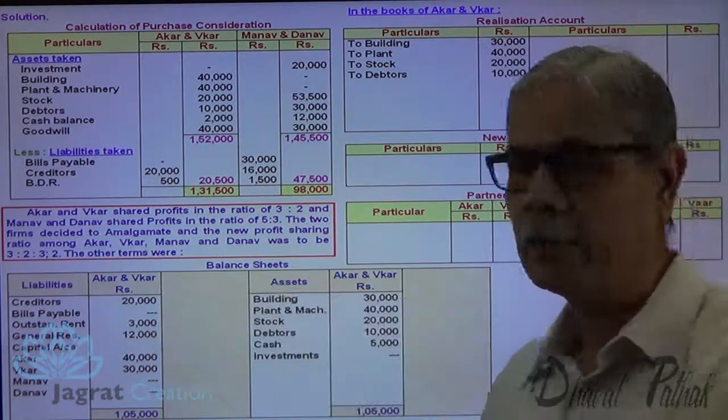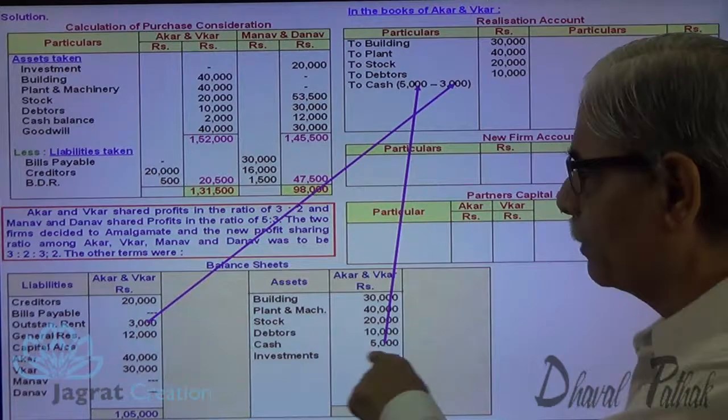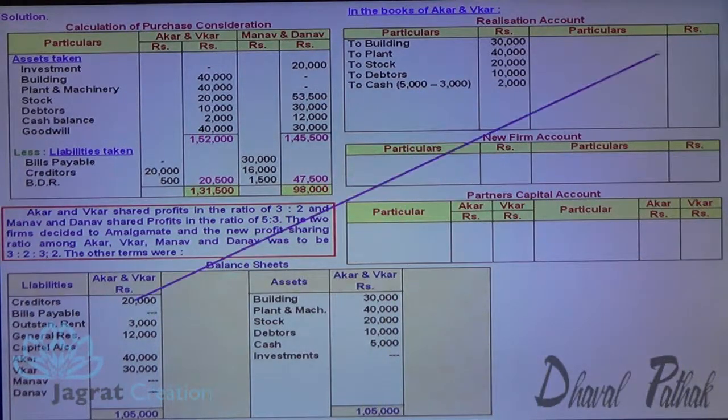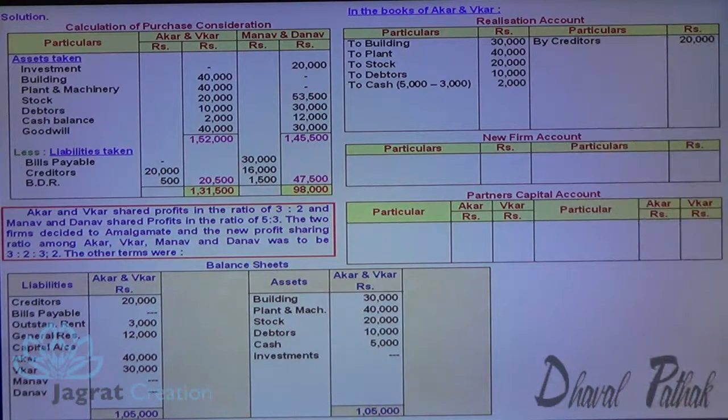On the liability side, you have to transfer creditors. This cash balance is transferred, 5,000 minus 3,000, 2,000 cash balance is transferred. Now creditors are transferred to the credit side of realization account. Bills payable are not there. Outstanding rent is already paid from the cash balance. Now this is how assets and liabilities are transferred.